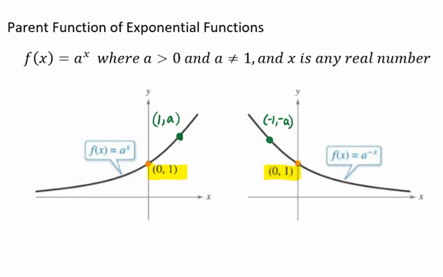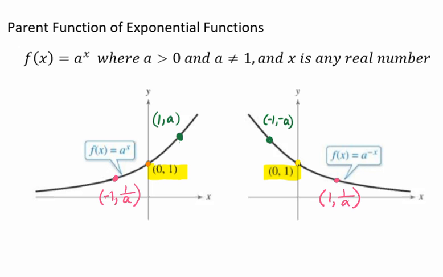There's also another point that we will have, (-1, 1/a), and likewise here we will have (1, 1/a). Using those points allows us some ease as we sketch and transform our exponential functions by hand.